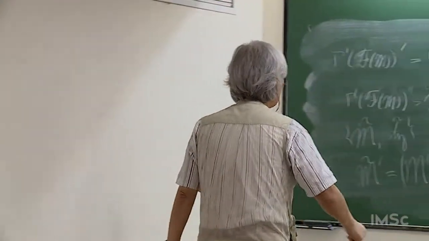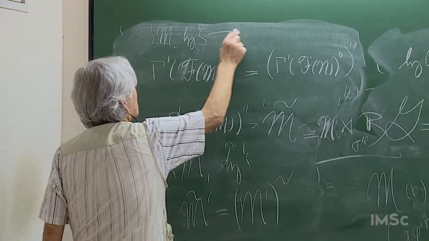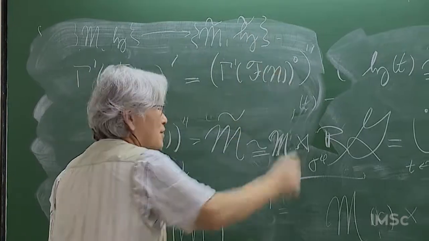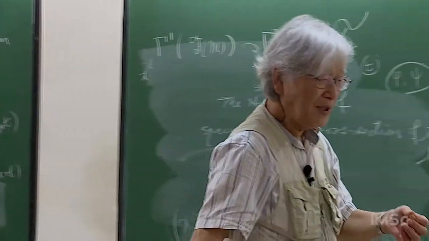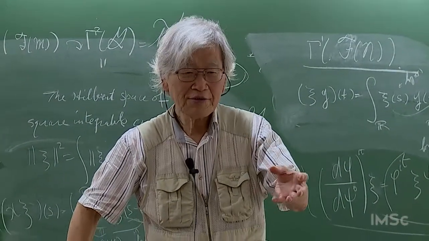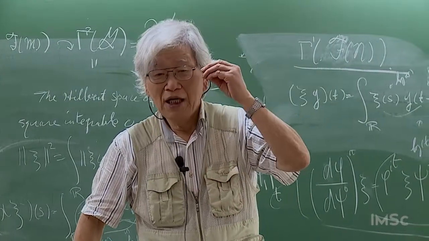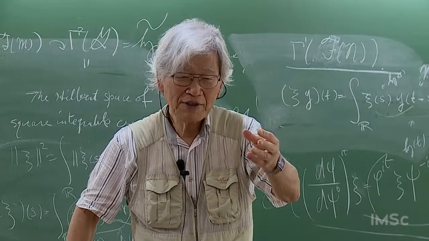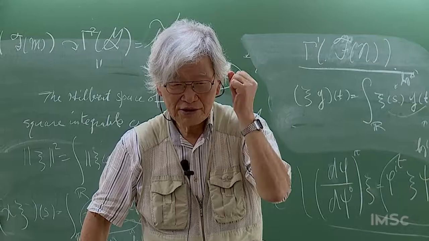So M, H goes to M tilde, H tilde, which is a functor from the spatial von Neumann algebras to semi-finite spatial von Neumann algebras with trace and a one-parameter automorphism group scaling the trace down.